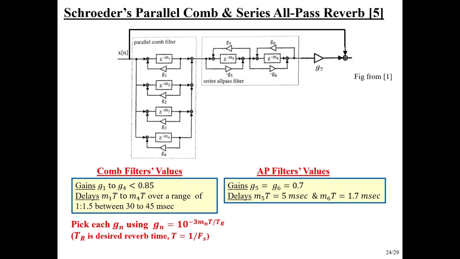And then he literally just tells you exactly what to use for the other ones. So 5 milliseconds, 1.7 milliseconds. Seems odd that he would write those out in that order, but that's what he did. And then 0.7, our beloved 0.7 value for those G's.